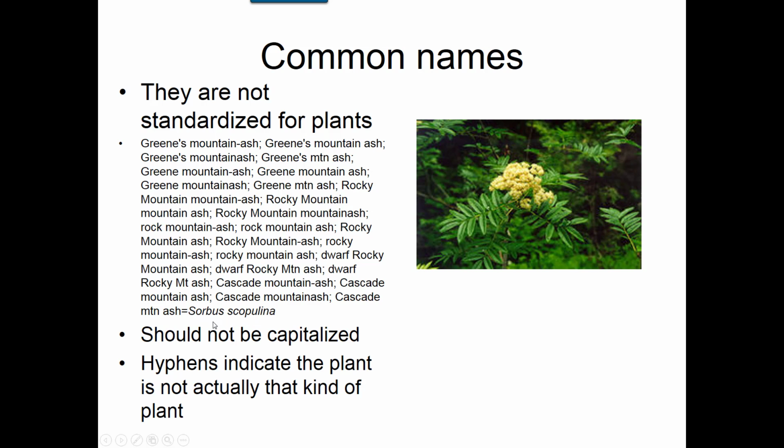Here's the scientific name, Sorbus scapulina. So you might call this plant the Greens Mountain ash. You might call it the Rocky Mountain ash. Some people might refer to it as the Cascade Mountain ash. Some people might refer to it as the Dwarf Rocky Mountain ash. And this is really confusing.